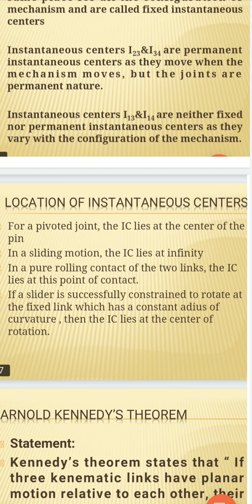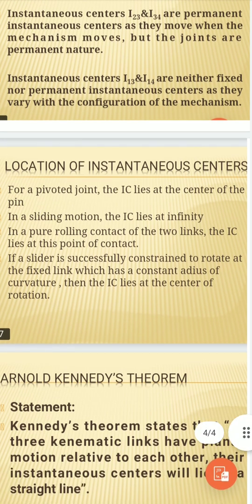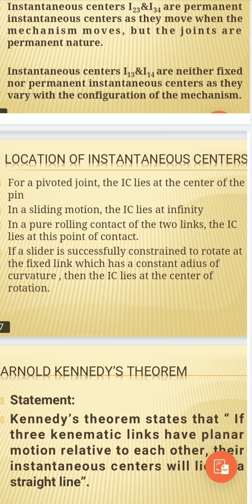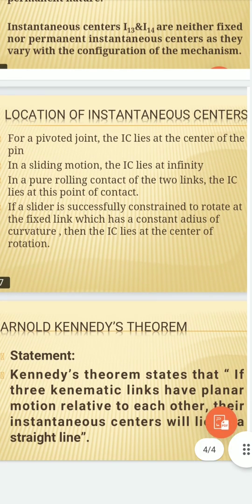In pure rolling, it is the point of contact. And for a slider constrained to rotate on a fixed link of constant radius of curvature, it lies at the center of rotation. These are the points to remember while locating instantaneous centers.